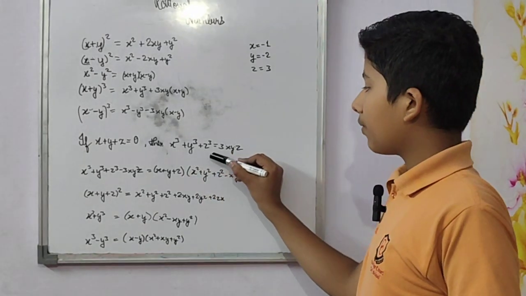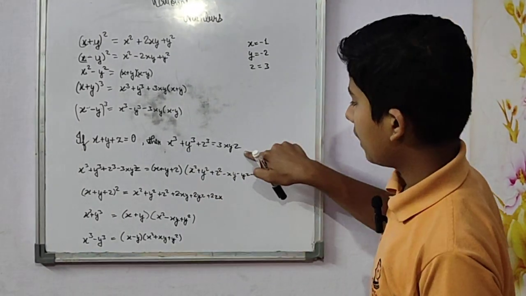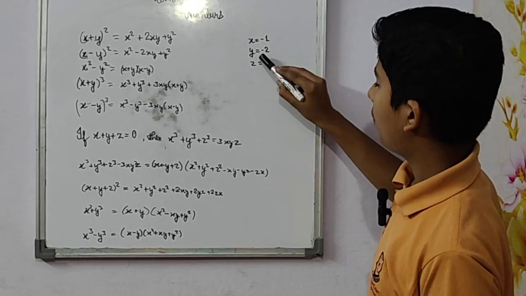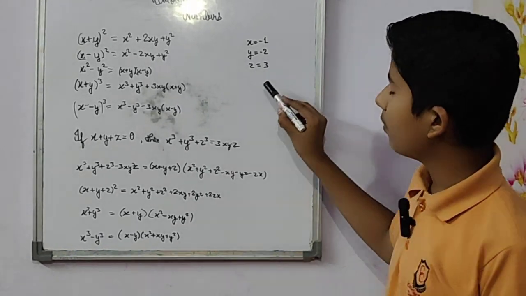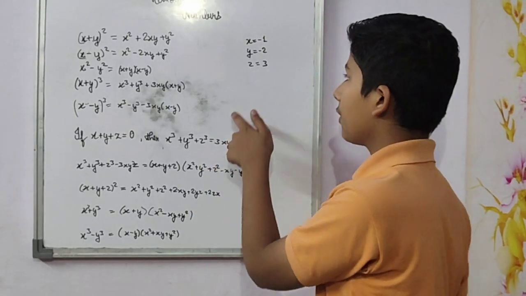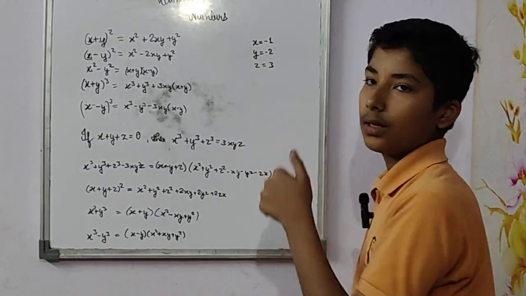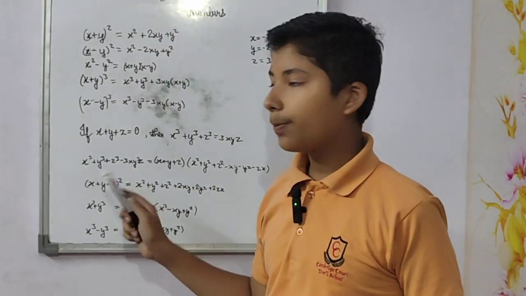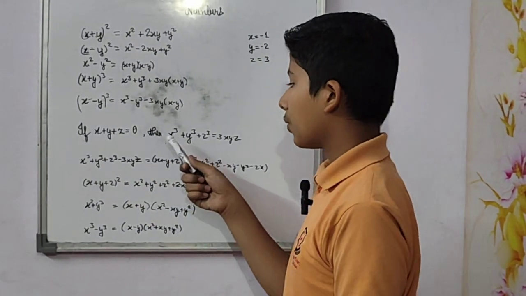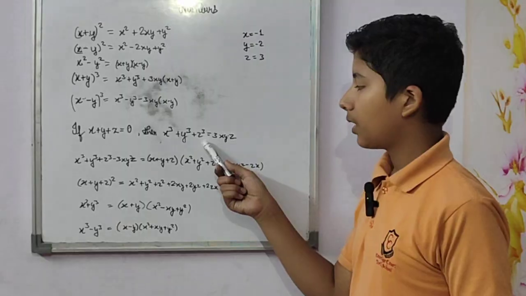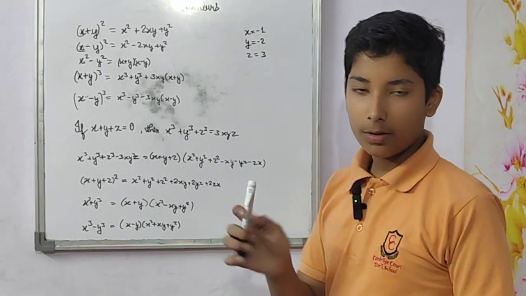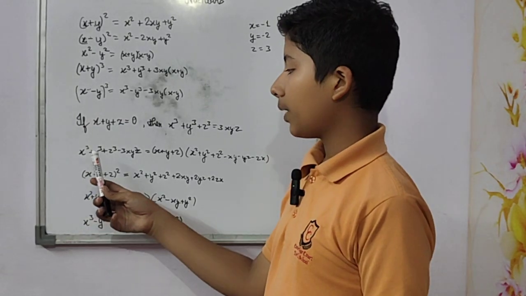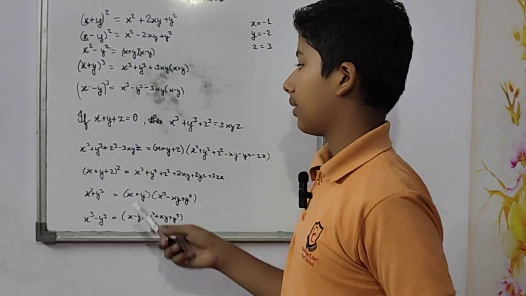So x cube plus y cube plus z cube, meaning minus 1 cube plus minus 2 cube plus 3 cube, will be 3 into minus 1 into minus 2 into 3. Let me repeat it: if x plus y plus z equals 0, then x cube plus y cube plus z cube will be 3xyz. Understood?